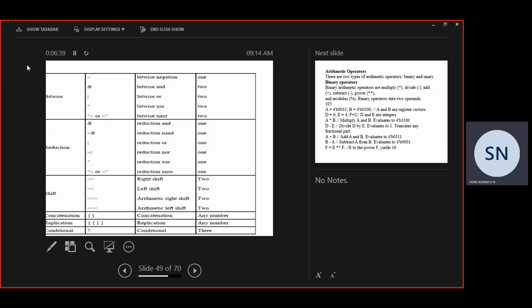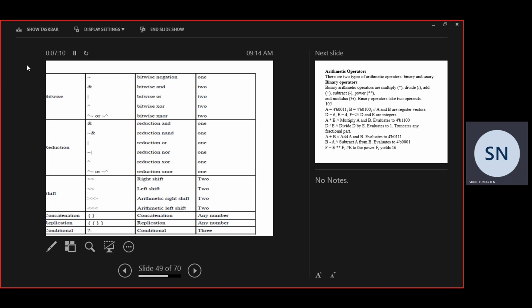Here you can see the symbol arrow indicates the direction. If it is towards the right, it is right shift. If the arrow is towards the left, it is the arithmetic left shift. To differentiate between these two, we use the relational operators, the greater symbol or lesser symbol, to see whether it is a normal shift right or shift left, or an arithmetic shift right or shift left.